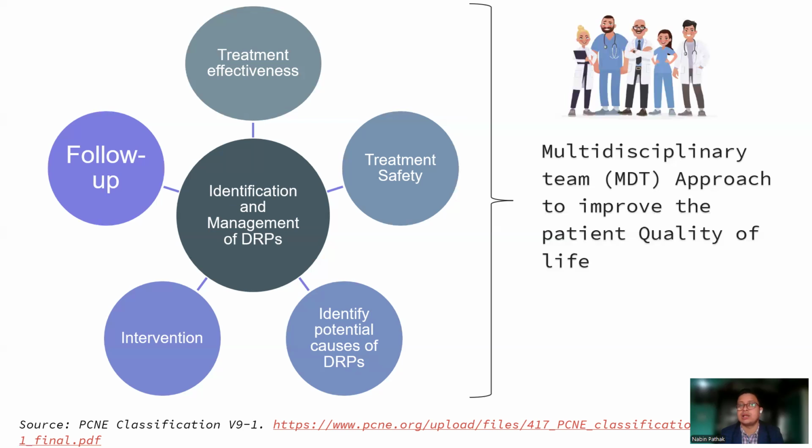However, when it comes to identifying and managing DRPs, a single healthcare professional cannot conduct it. Therefore, this underscores the need for a collective team, that is, a multidisciplinary team approach, such that it can help to improve the patient's quality of life.